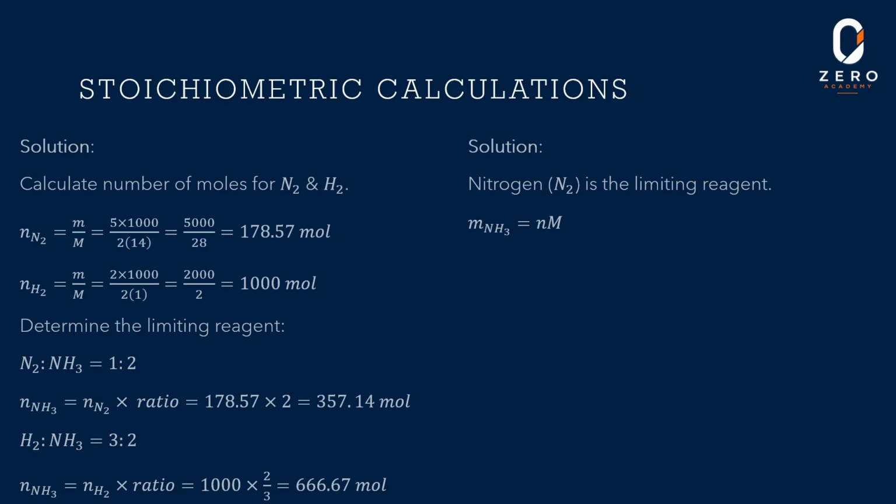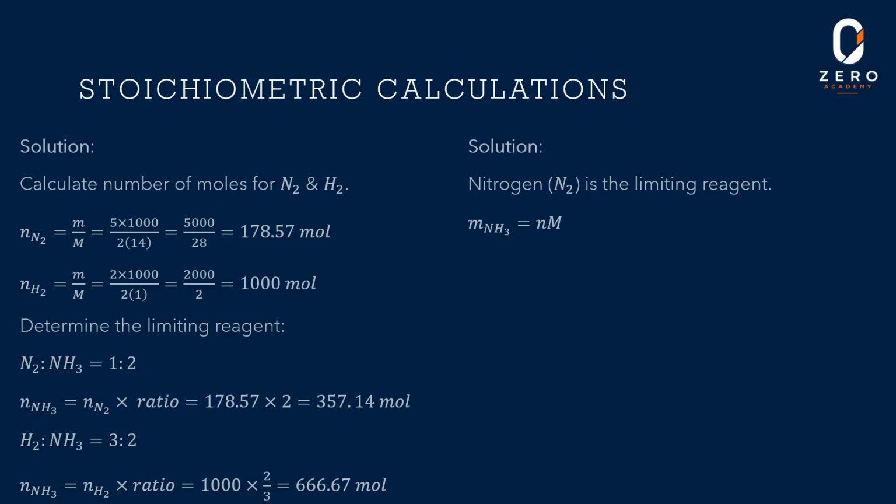Now we're going to calculate the mass of ammonia that can be produced from the number of moles that is produced from the limiting reagent. And we're going to say mass is equal to number of moles multiplied by molar mass. That is the number of moles equation we just made, with mass the subject of the formula this time around.